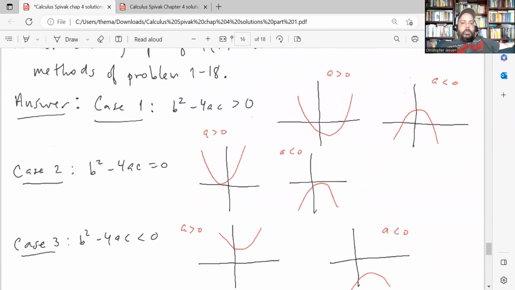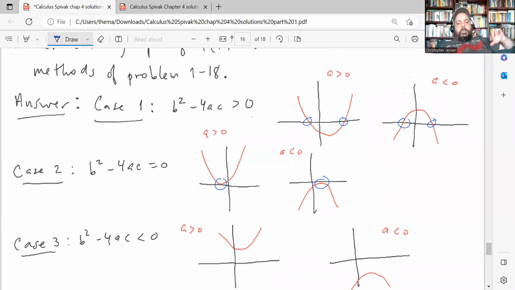from the quadratic formula. So case 1, if the discriminant is positive, you get a parabola that either opens up or downward based on the sign of A that has two real x-intercepts. Okay, for case 2, if the discriminant is equal to 0, you have exactly one real root, which is the x-intercept.